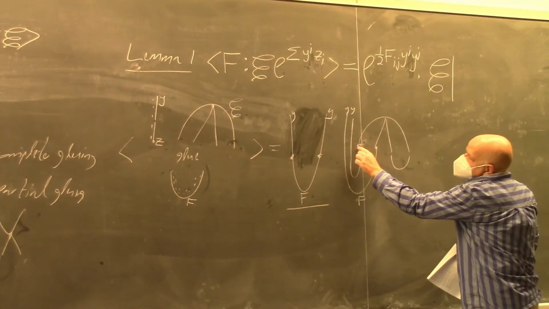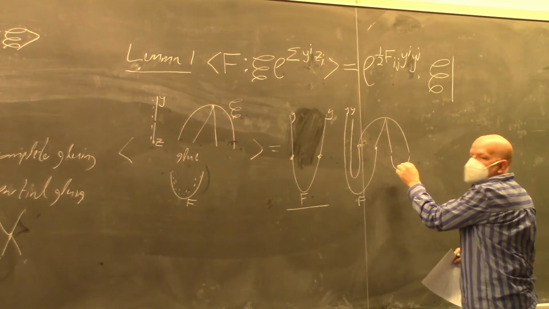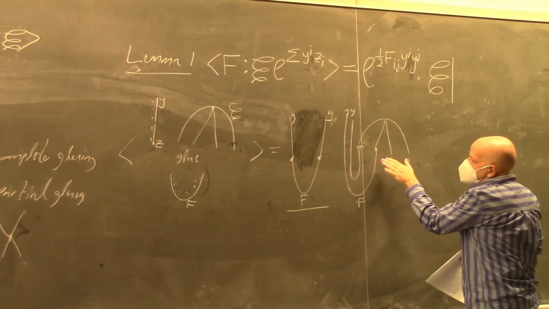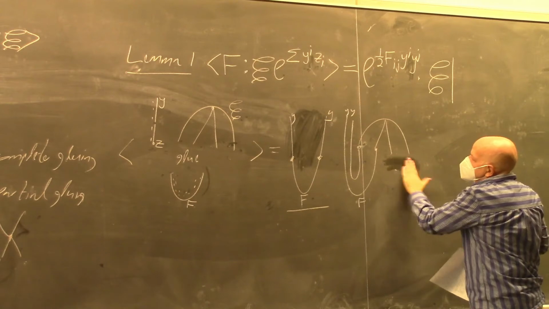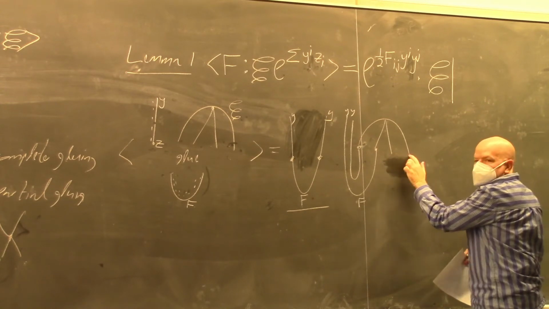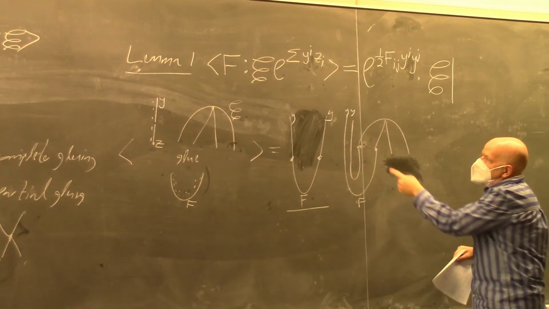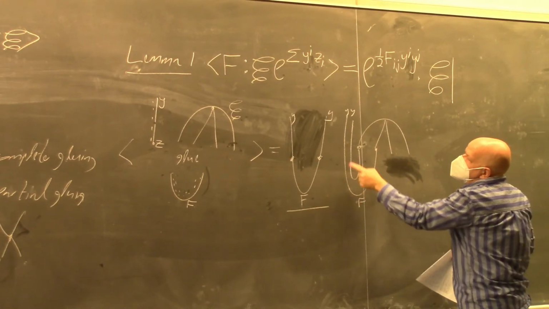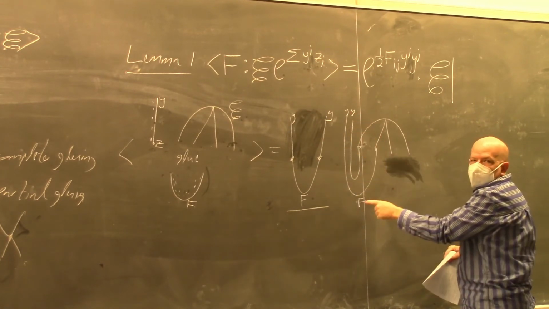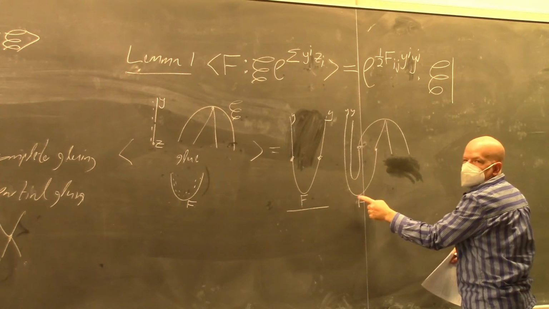Every z variable in E could either remain free, so before I glued these it was free, so it would remain itself, or it could be replaced by a y with a coefficient f.